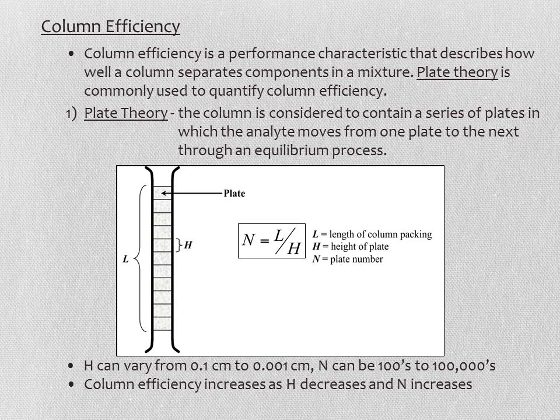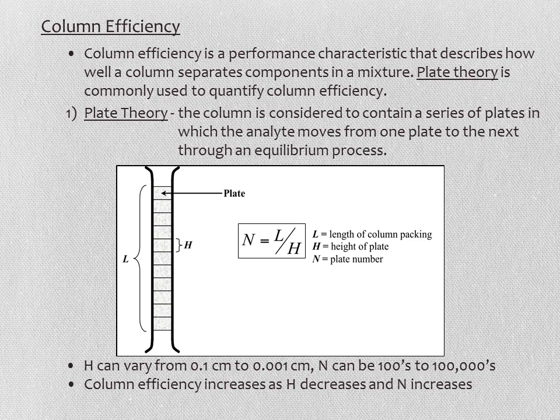In Plate Theory, we pretend that chromatography is a whole series of simple distillations, that you have a little tiny distillation distance, the h, the height of a plate, and there's going to be equilibrium within that space. And after there's equilibrium, then the analyte moves on, gets equilibrium again, moves on, gets equilibrium again, and so on.